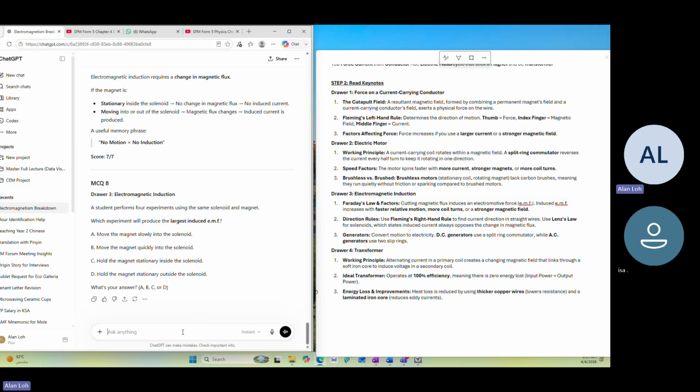Okay. Number 8. Drawer 3. A student performs 4 experiments using the same solenoid and magnet. Which experiment will produce the largest induced EMF? A, move the magnet slowly into the solenoid; B, move the magnet quickly into the solenoid; C, hold the magnet stationary inside the solenoid; D, hold the magnet stationary outside the solenoid.